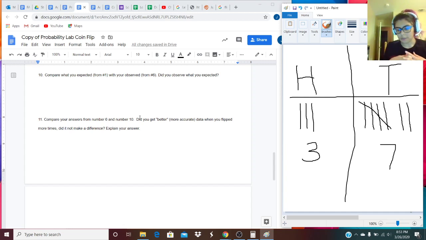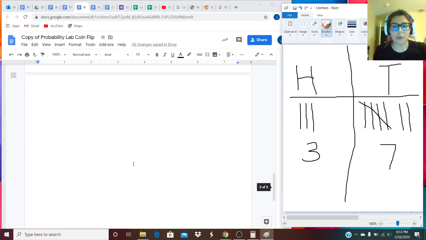So here, you're deciding, is it better to flip 100 times versus 10 times? Are you going to get more accuracy if you flipped 100 times versus 10 times? You're going to explain your answer, and explain what those differences are, what those accuracies are for 10 flips versus 100 flips. And that's it. That's all you're doing for number 11. Okay?